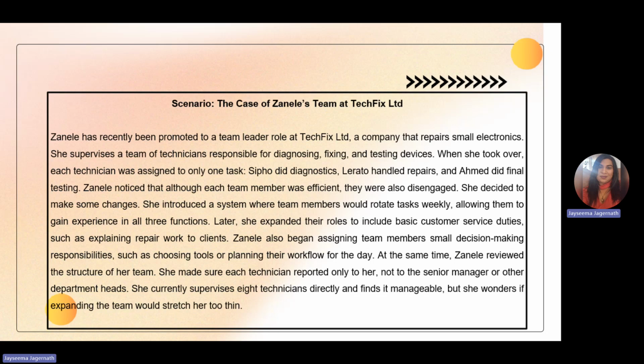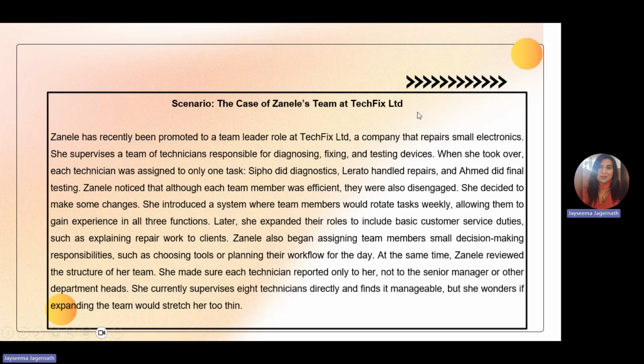She also began assigning team members small decision responsibilities, such as choosing tools or planning their workflow for the day. At the same time, Zanele introduced the structure of the team. She made sure each technician reported only to her and not the senior management head. She currently supervises 8 technicians directly and finds it manageable, but she is wondering that as the team expands, would this stretch her too thin?